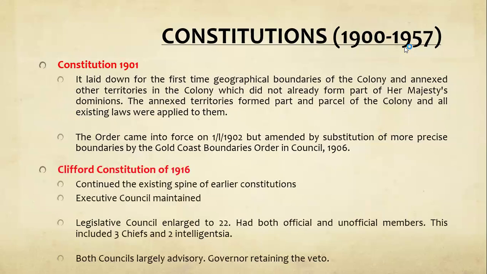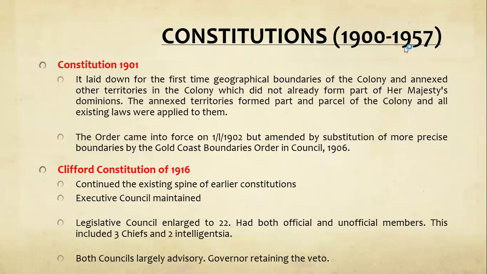Then we had the Clifford Constitution of 1916. And the Clifford Constitution continued the existing span of earlier constitutions. The Executive Council were maintained, but Legislative Council was enlarged to 22, and it had both official and non-official members. So this included chiefs and two intelligentsias.